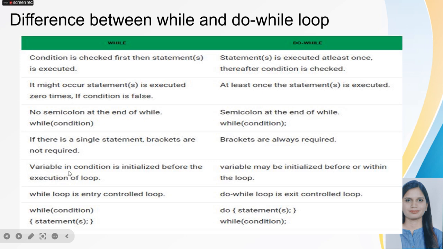In while, the variable in the condition is initialized before the execution of the loop. In do while, the variable may be initialized before or with the loop. While loop is an entry control loop, and do while loop is an exit control loop. While: condition, then statement. Do while: do statement, then condition check.